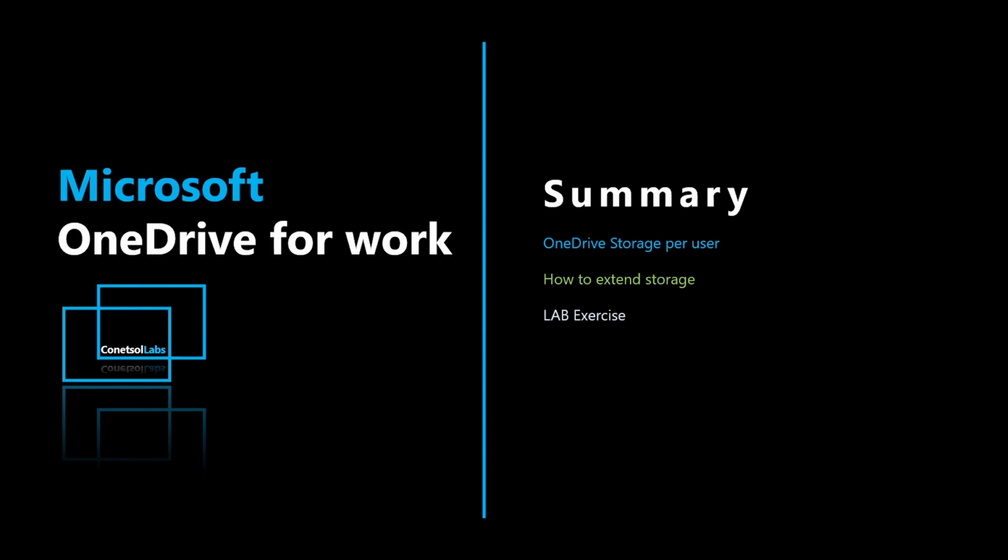If you want more than 5 terabytes, you have to use 90% or more of the 5 terabytes of storage space. You have to open a case with Microsoft for that purpose and show them you have utilized 90% or more of the 5 terabytes. We have also performed all tasks in our lab exercise.